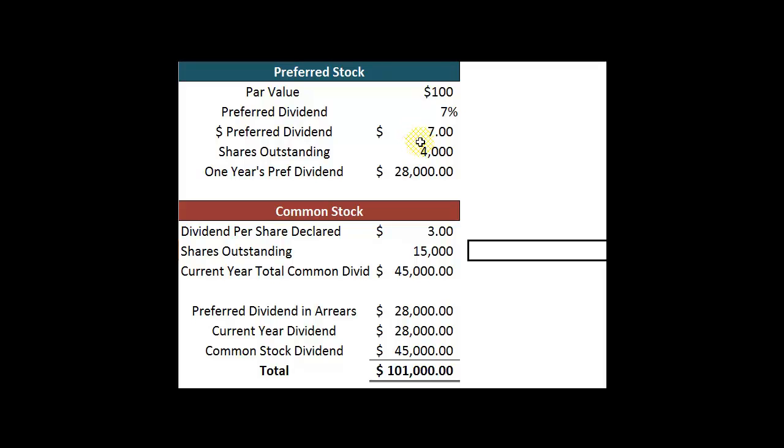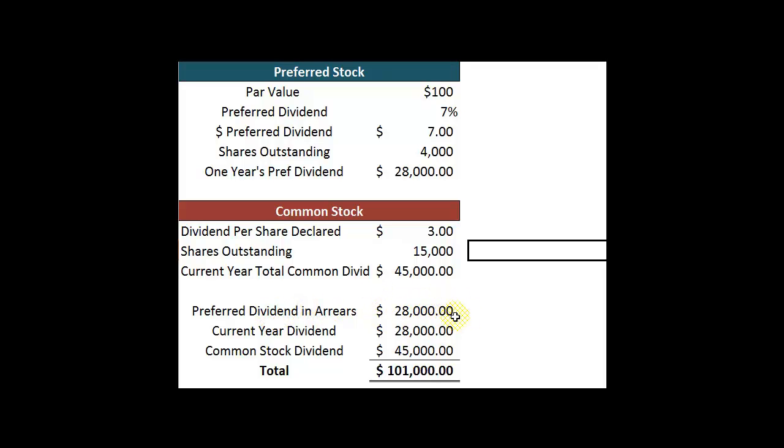We take that $7 and multiply it by the shares outstanding, which we're told is 4,000. That indicates that for this company, they have $28,000 in preferred stock dividends they're on the hook for each year. Down here, I've made a summation of all these different dividends that they're on the hook for, which includes 1 year's amount in arrears.